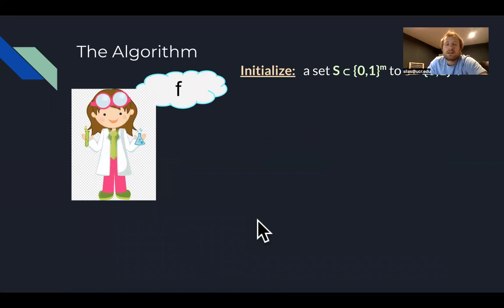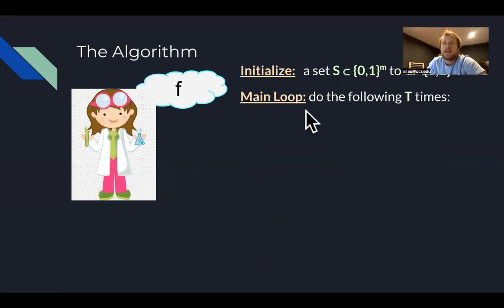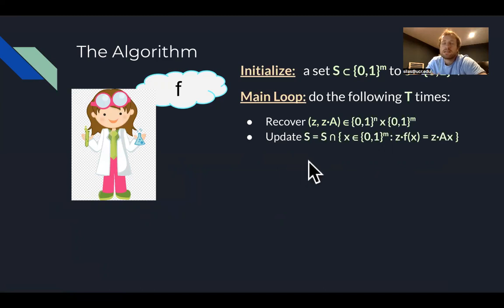So this suggests the following greedy algorithm, which is going to be an improvement on just applying the new tool n times. Initialize a set S to be everything, and then do the main loop t times, where t is some number we'll pick later: you recover a row of A using the tool that we have, and then you update S to remove all of the x's which don't satisfy the linear relation that we picked.